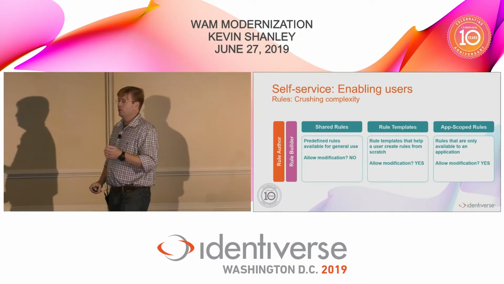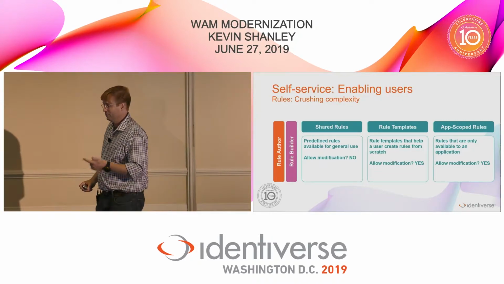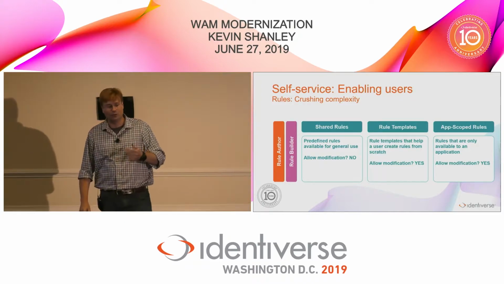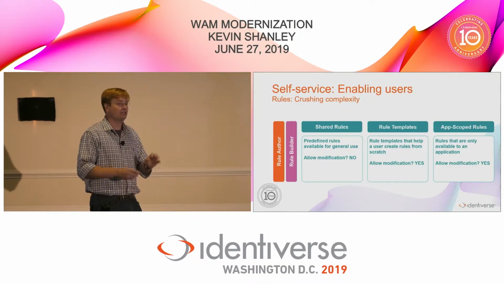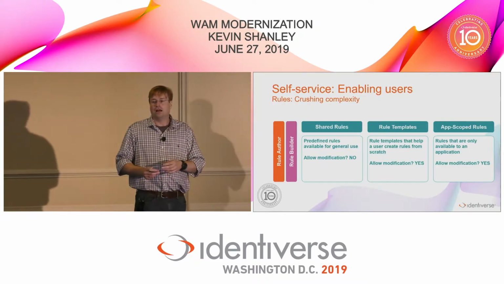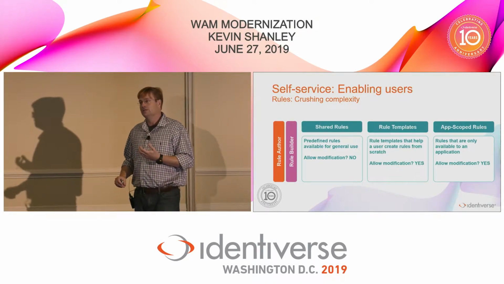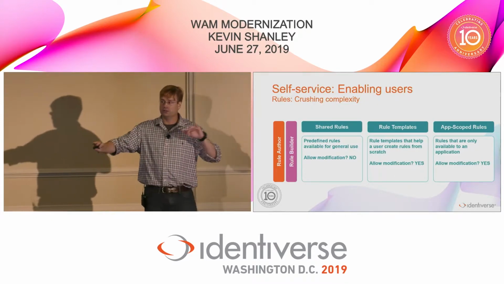Maybe you don't want your users to start making OAuth rules or writing Groovy script or writing inline or to be able to have WebSocket rules. Maybe we just want them to have simple group rules, a couple of simple things, maybe a rule about step-up authentication. And then we created this new concept of application scoped rules, so that there are rules that my app I can customize and use and no one else will see.